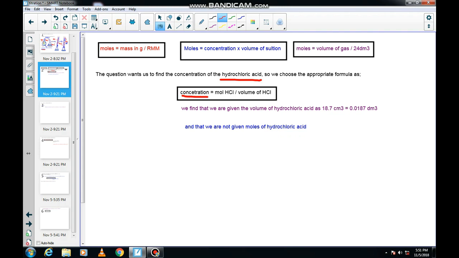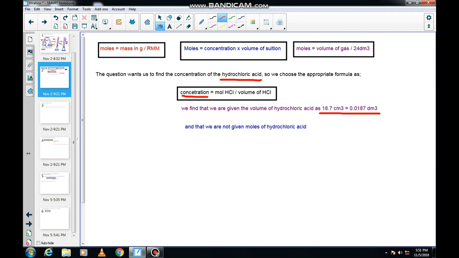This is why we are using this formula. We are given the volume of hydrochloric acid as 18.7 cubic centimeters, which converts to 0.0187 decimeter cubed. Give yourself a break and calculate this value. See if you will arrive here.